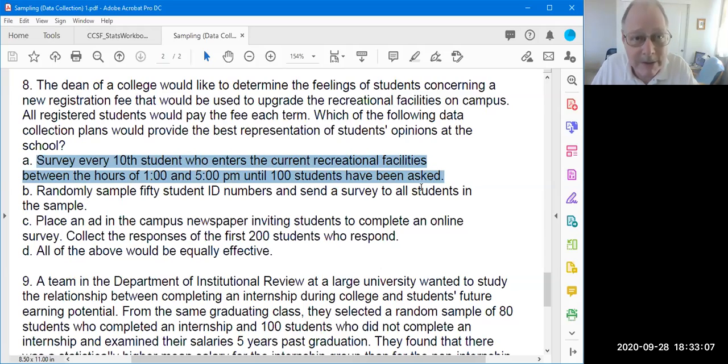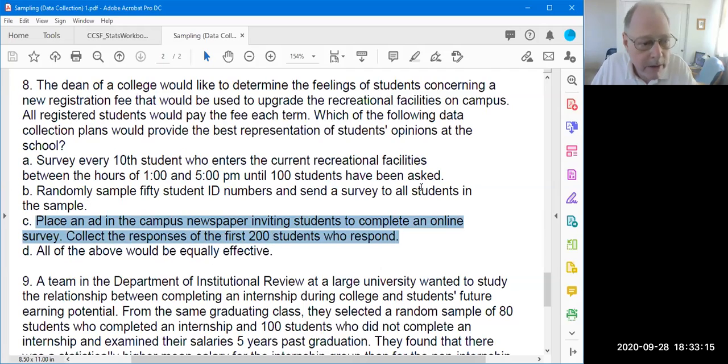That's two separate things. Okay. C, what's wrong? See, now that's more subtle, but C has two problems. First, you only reach people who read the newspaper. Okay. Might matter, might not, but it still counts as bias.